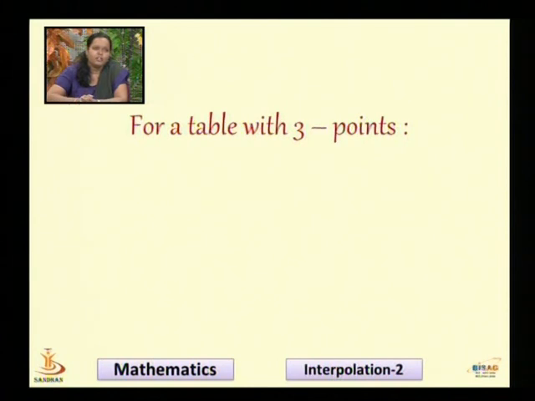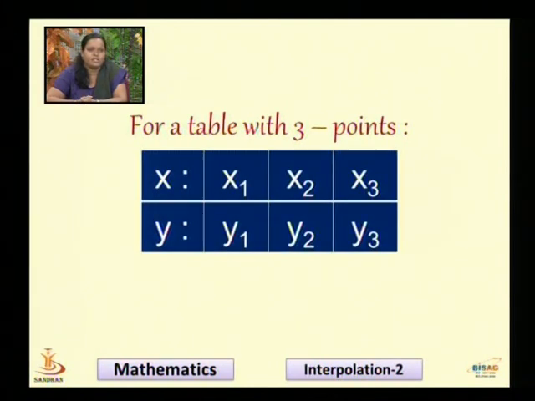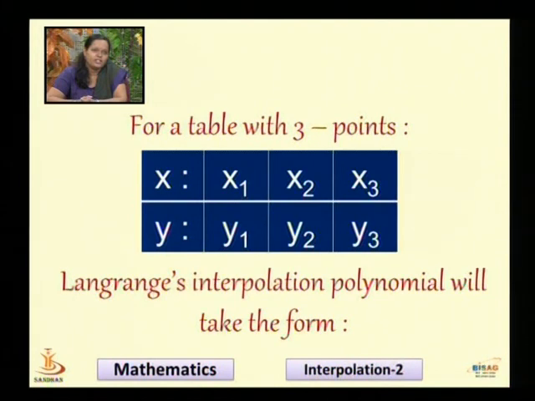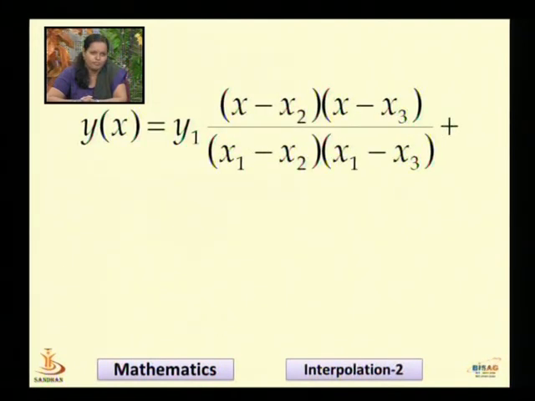Now, for a table with 3 points, suppose we are having x1, y1, x2, y2 and x3, y3. Lagrange's interpolating polynomial will take the following form.